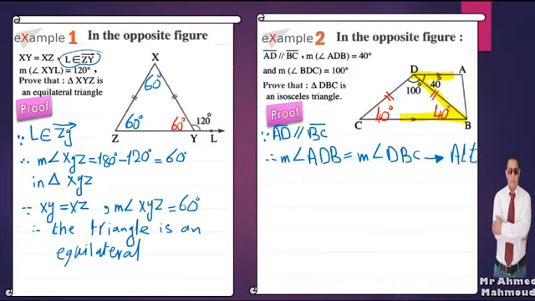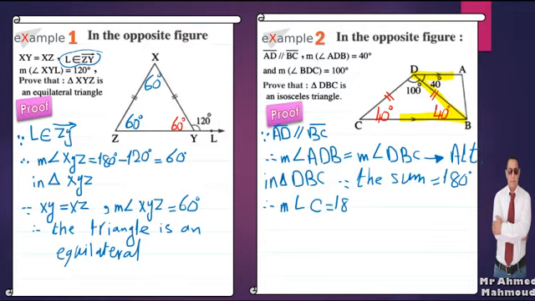In triangle DBC, since the sum of the interior angles equals 180 degrees, therefore the measure of angle C equals 180 minus open brackets 100 plus 40 degrees equals 40 degrees.